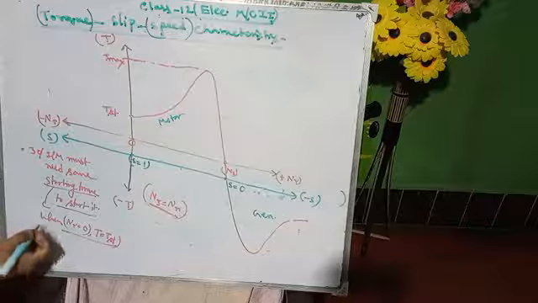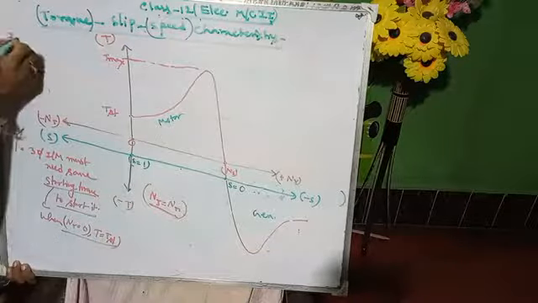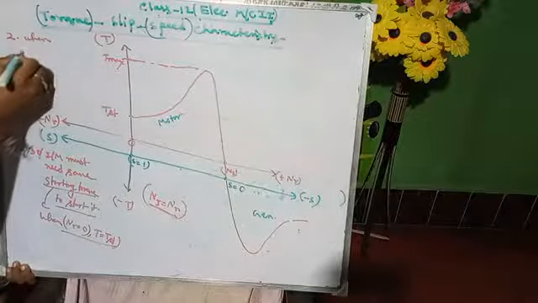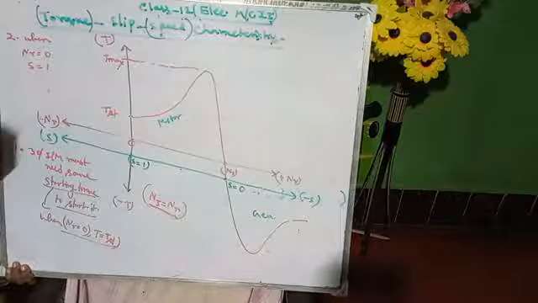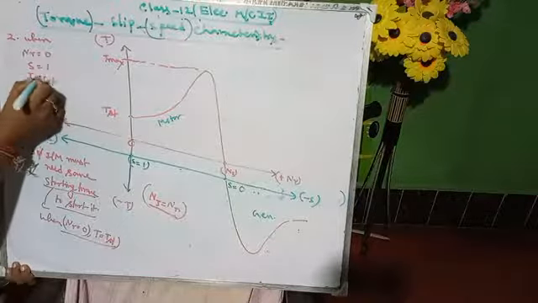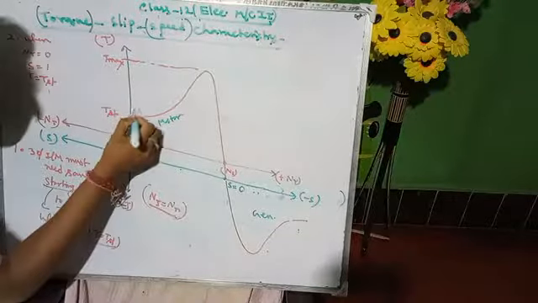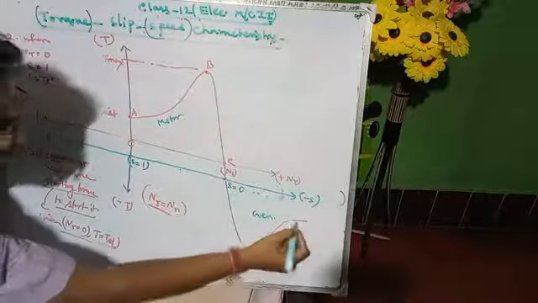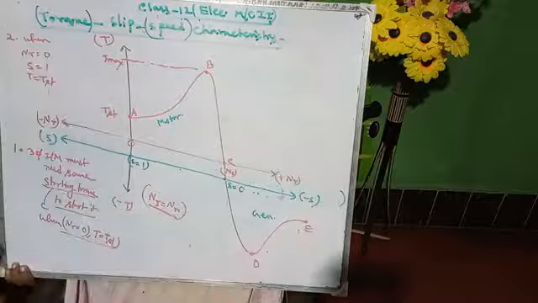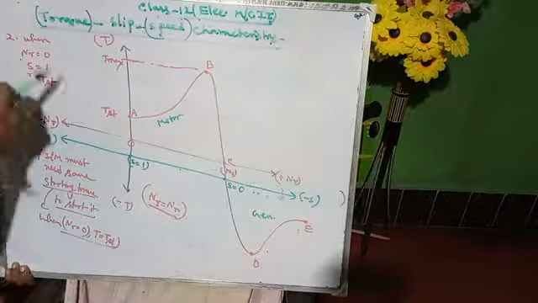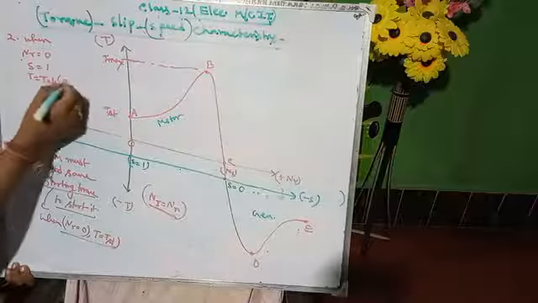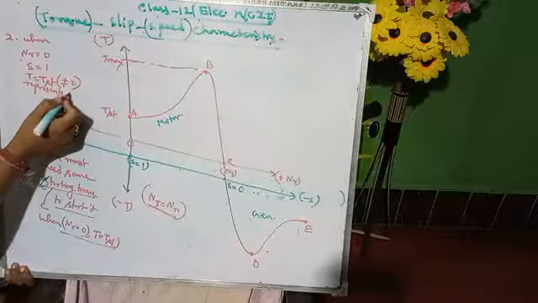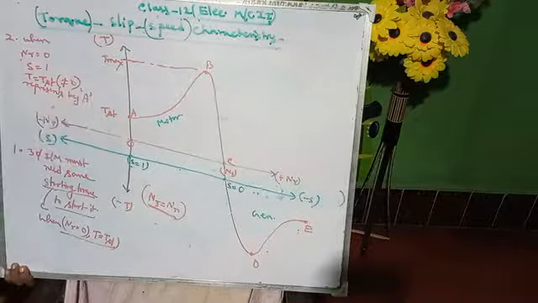First point is here, and the second point: when nr equals 0, slip s equals 1, and T equals Tst. Suppose we mark points A, B, C, D, and finally E. So when nr equals 0, slip equals 1, torque equals starting torque Tst, non-zero, not equal to 0, represented by this point A.